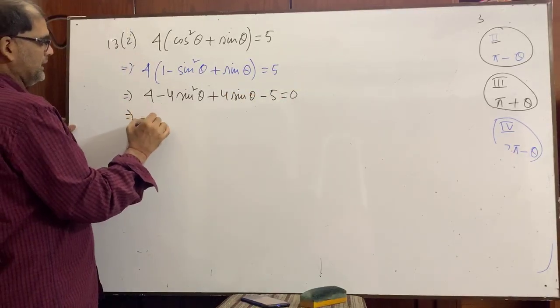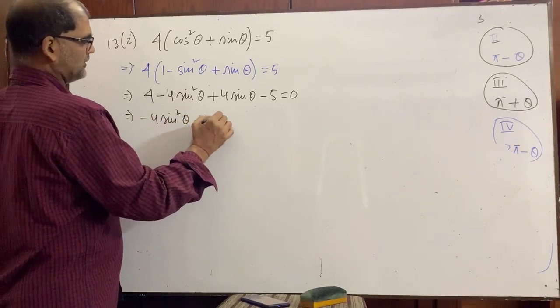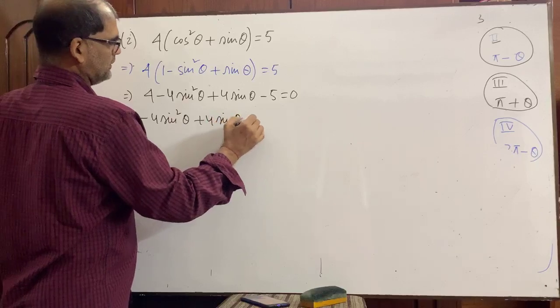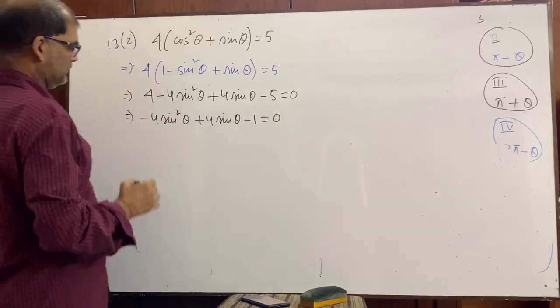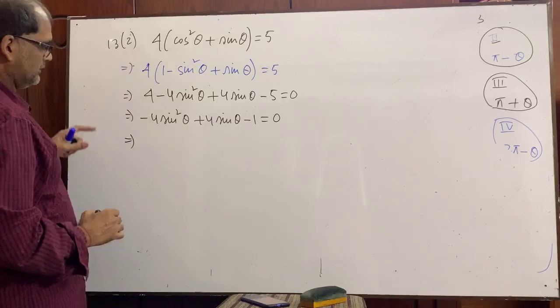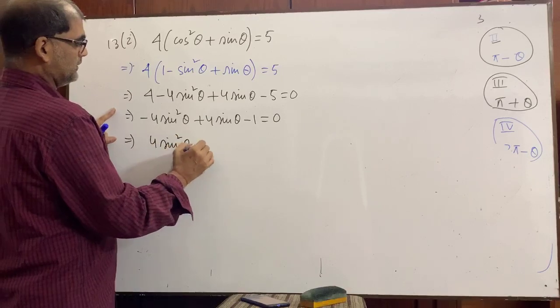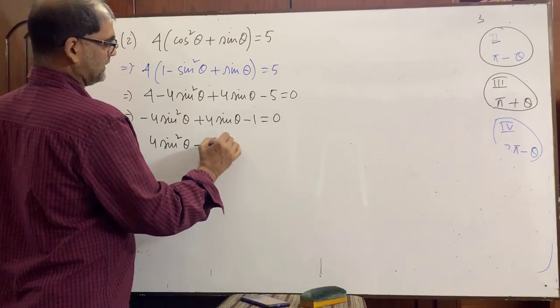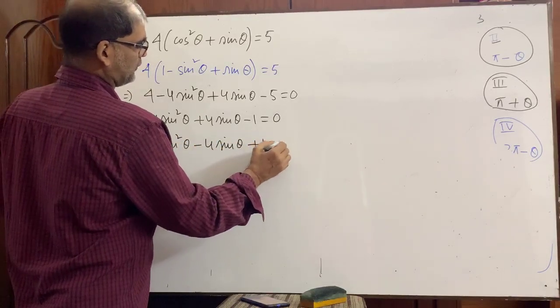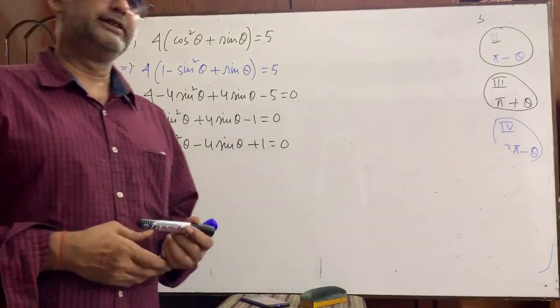That means minus 4 sin square theta plus 4 sin theta minus 1 equals 0. Now multiply all the terms by minus 1 to get 4 sin square theta minus 4 sin theta plus 1 equals 0. Okay, it's really very easy.